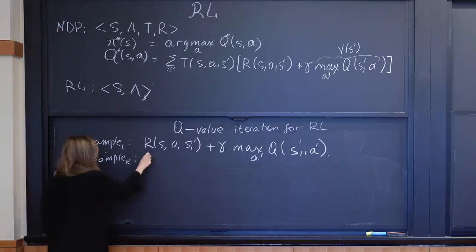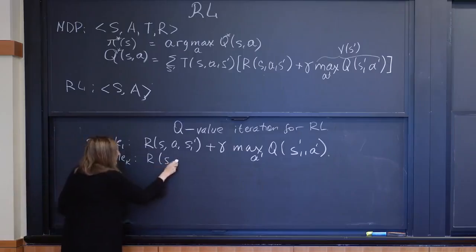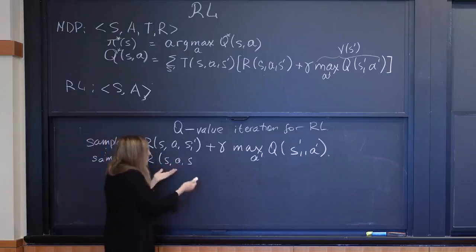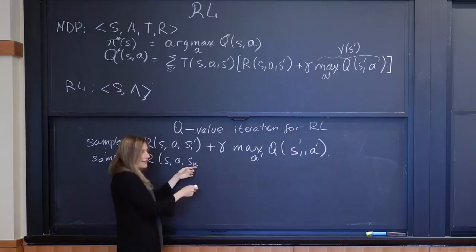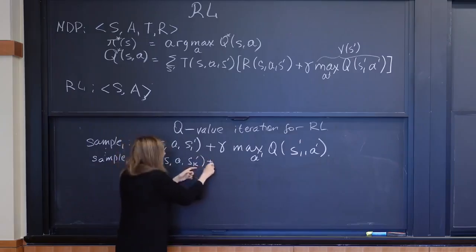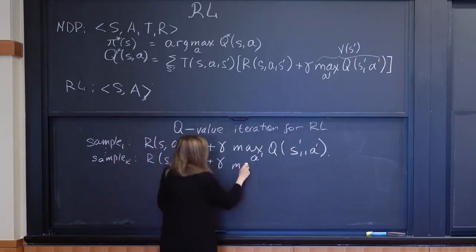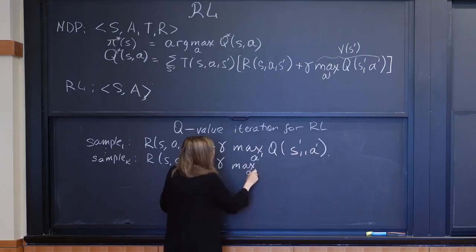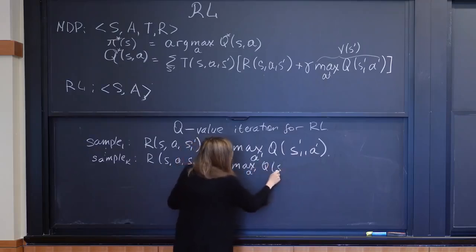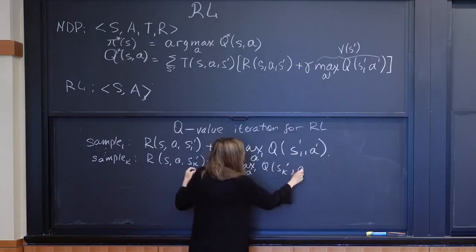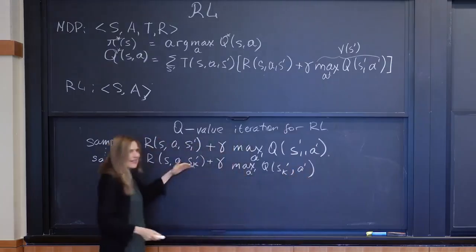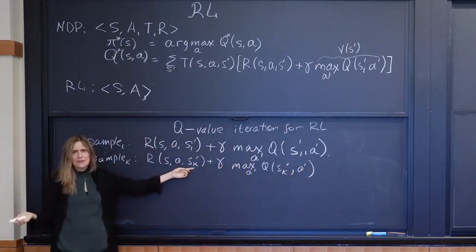So when we take sample K, you are going to end up going maybe to some state s_K prime plus gamma max over a prime of Q(s_K prime, a prime). So you see this is exactly the same. You're just going to end up in some different state.